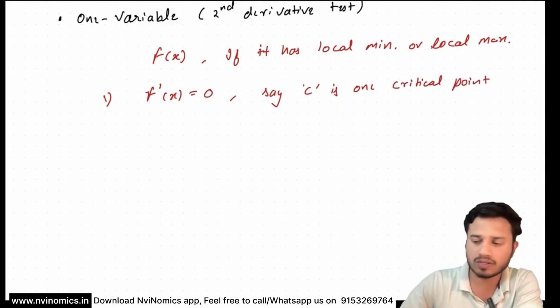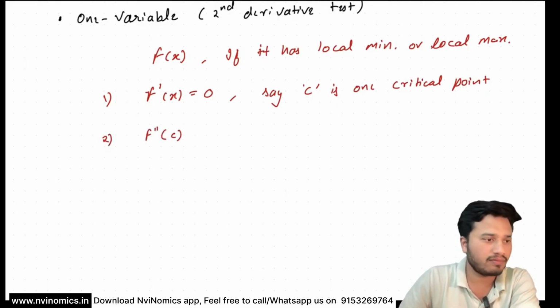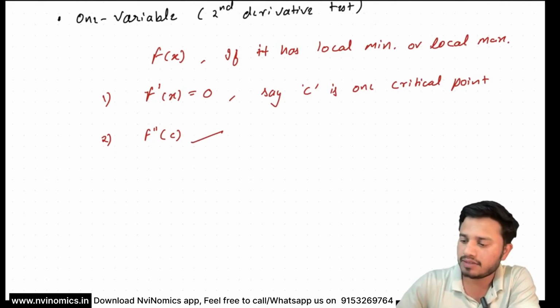Then you check f double dash at this value C. If it is negative, then it's a point of maxima, and if it is positive, then it's a point of minima.